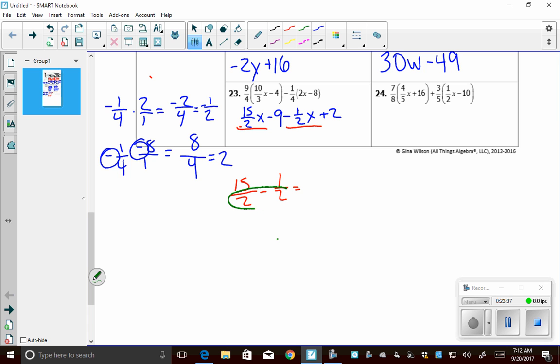These two numbers must be the same. If they're the same, your answer will stay the same. And then you do 15 minus 1. So 15 minus 1 will give me 14. 14 divided by 2 is 7. So I'm going to be left with 7x. Negative 9 plus 2 will leave me with negative 7.